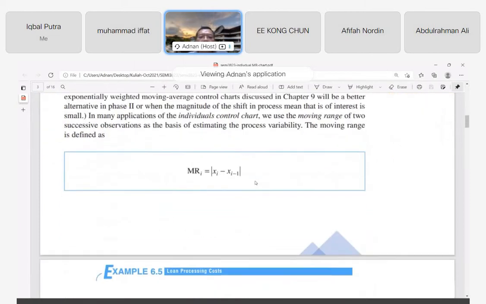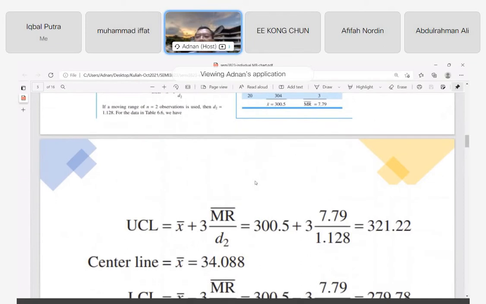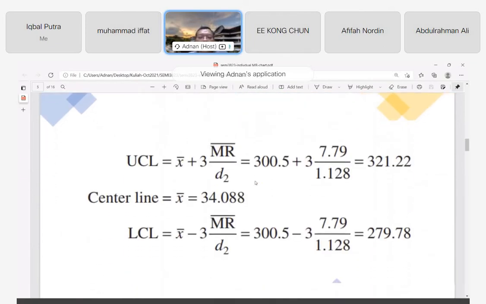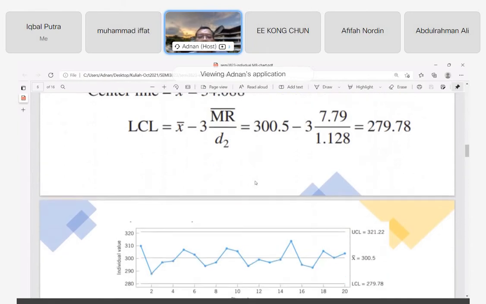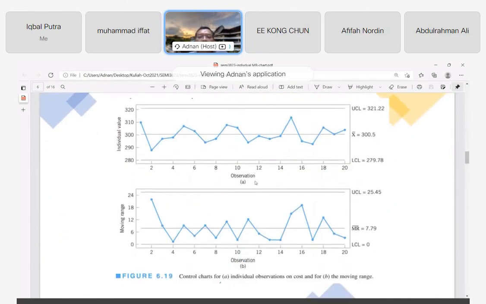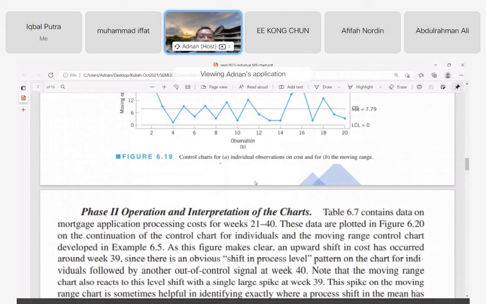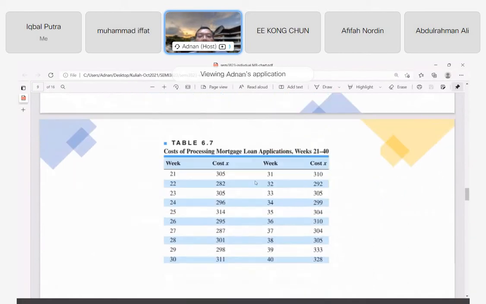So there are issues when we are taking individual data. Individual data does not always follow a normal distribution. So the issue now is the tendency that it will deviate from normal distribution.